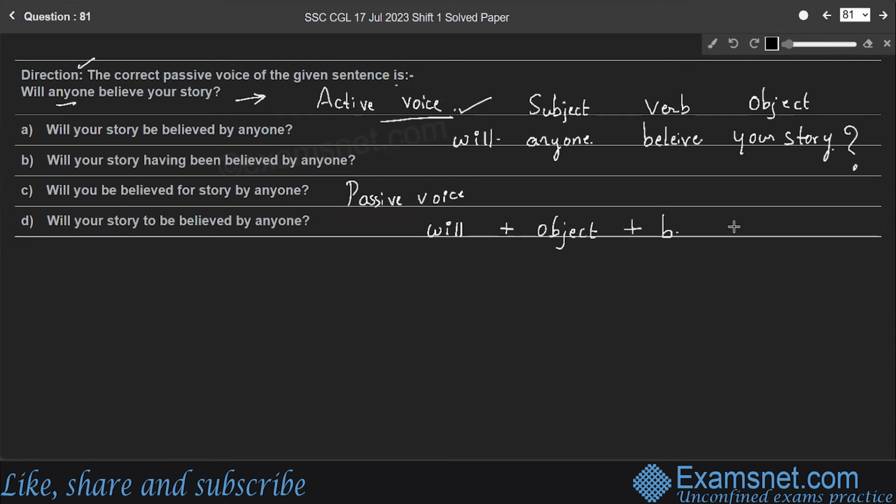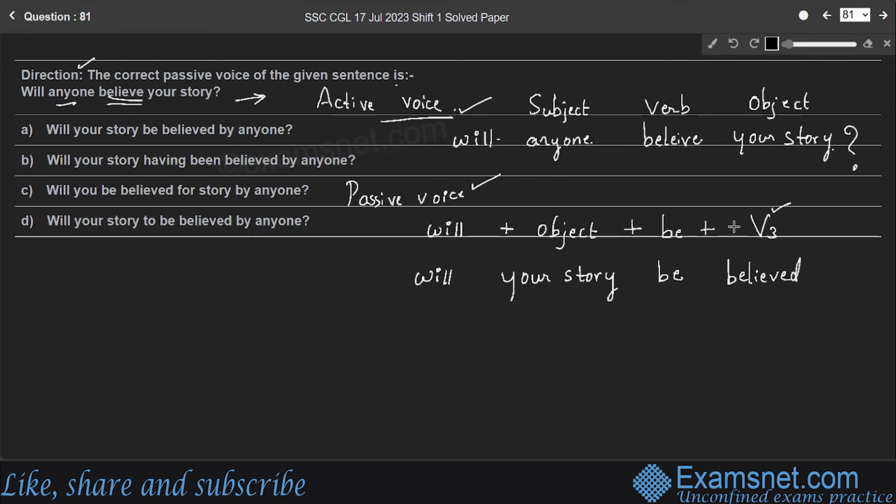Plus be, an auxiliary verb, right? And third form of verb, right? Therefore, the passive voice form of the given sentence will be: will your story be believed, the third form of the verb. Your story is the object here. Believed is the third form of the verb.